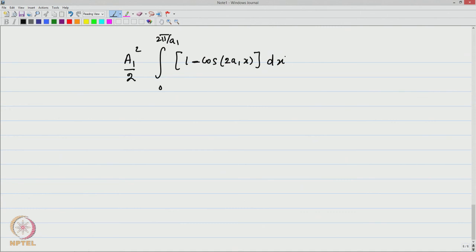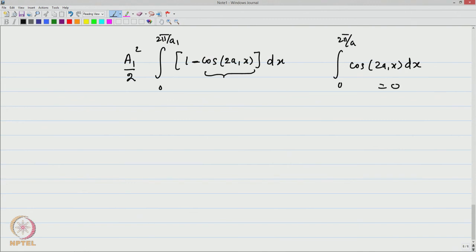And this you can see immediately that the cosine integral, the integral 0 to 2 pi by a1 cosine 2 a1 of x is also 2 complete cycles of the cosine functions, and that will be 0.